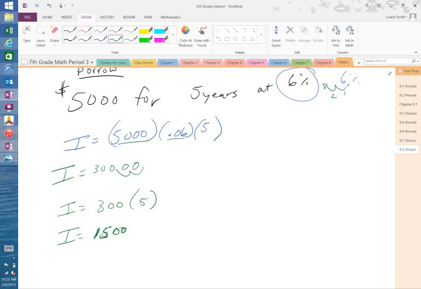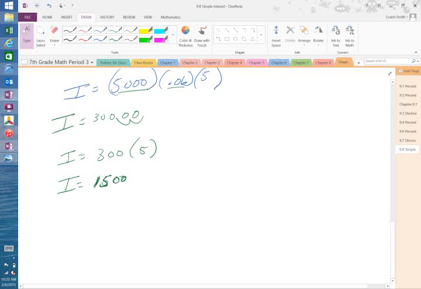So you're basically paying somebody $1,500 for the use of their money. Now, here's what you do. That's just the interest. To figure how much I have to pay back each month, we do this.